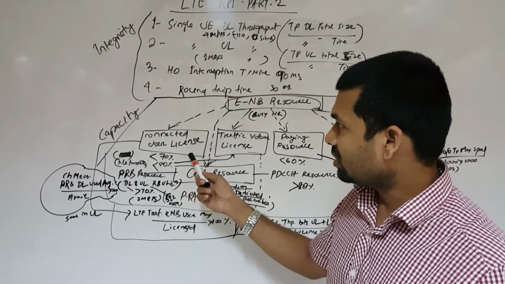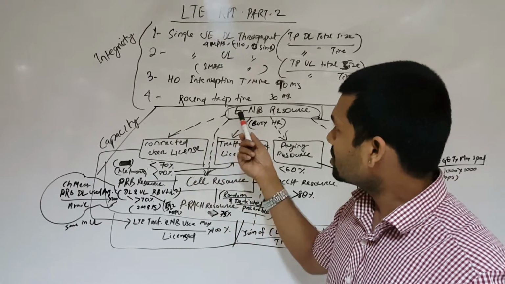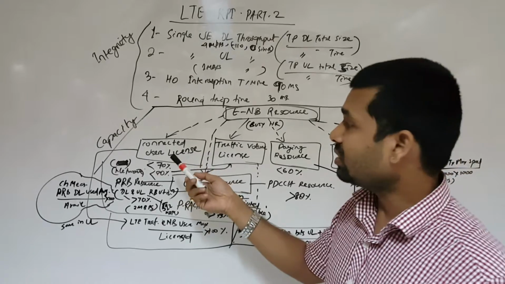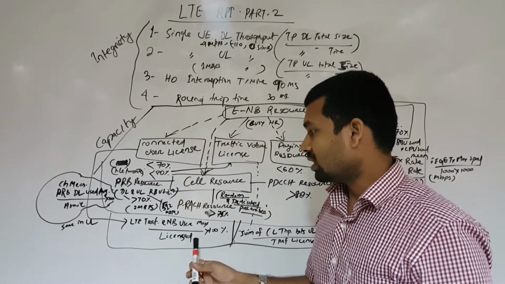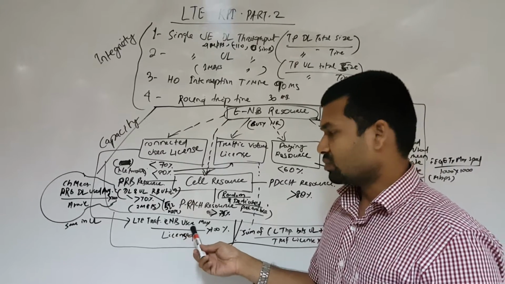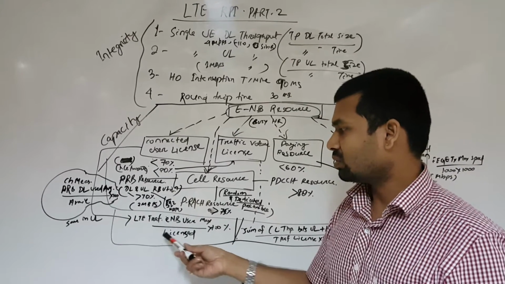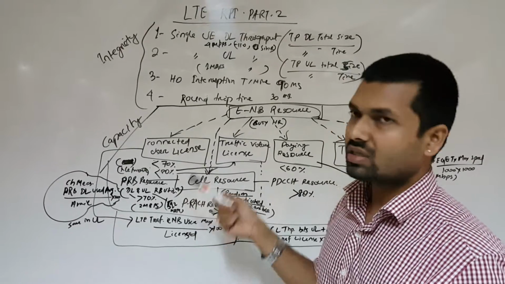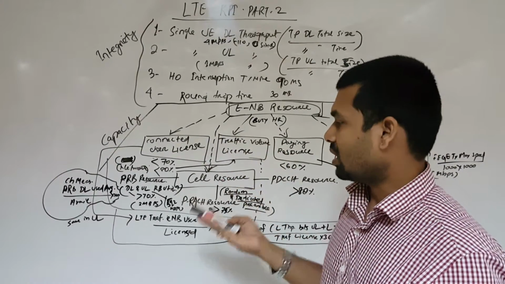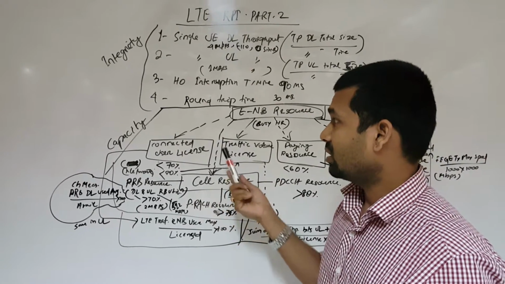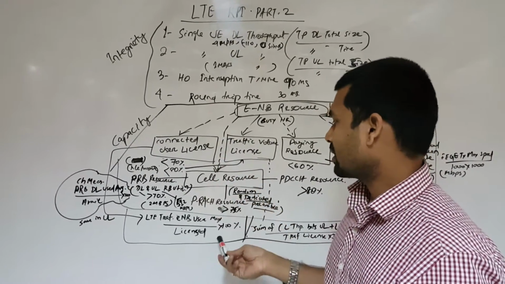This KPI will let us know the eNodeB resource in terms of connected users. So let's say 98 users out of total 100 license, the percentage is 98% of connected users.